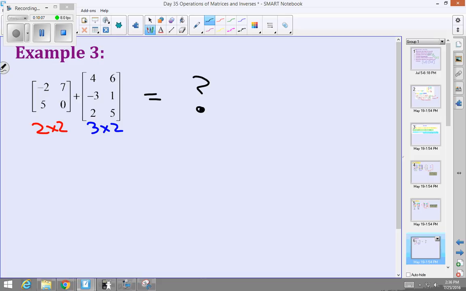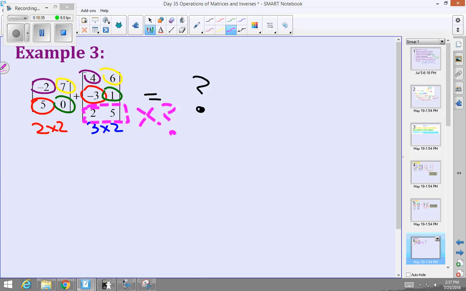Because I can make an argument that maybe top left goes to top left, top right goes to top right, bottom left maybe goes to the next guy below purple, and green goes to green. But here's the issue. Right now, I have this huge issue with these guys here. I don't know what to do with them. They don't pair up.